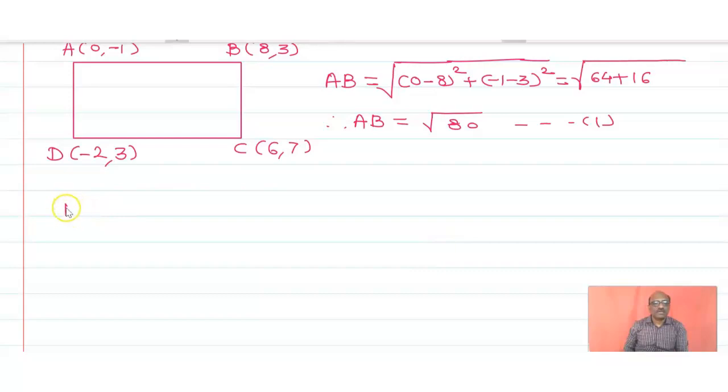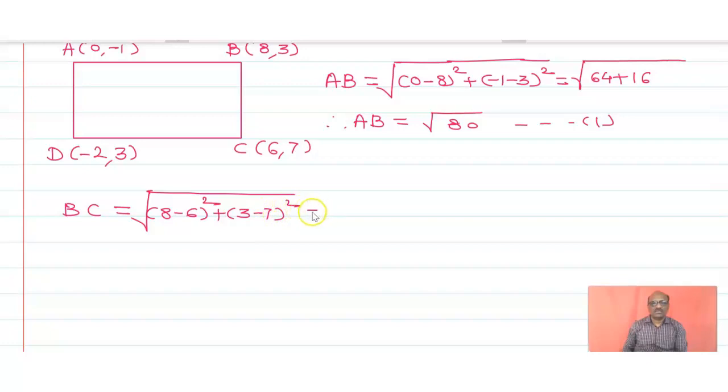Next we will find out BC. I will write here BC again by the distance formula: (8 minus 6) squared plus (3 minus 7) squared.